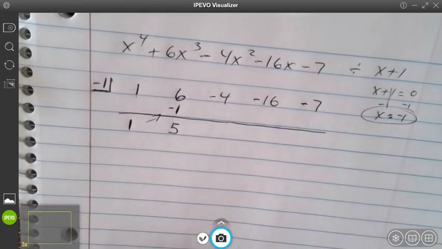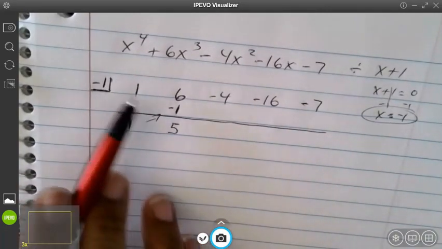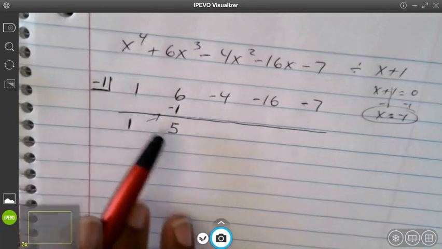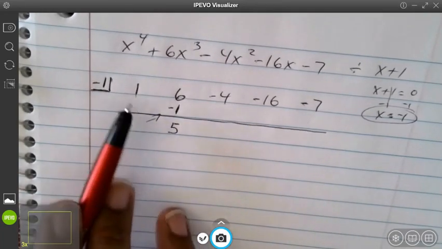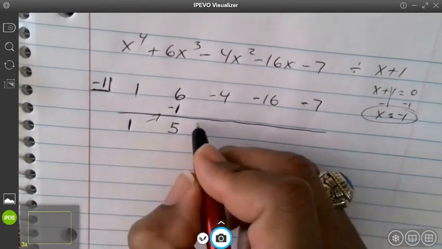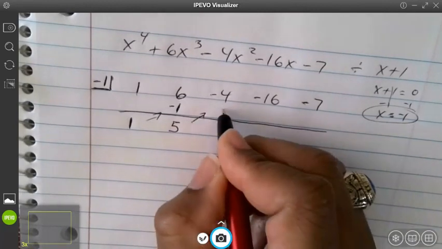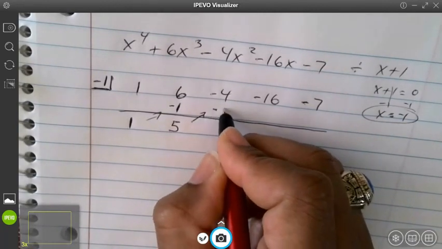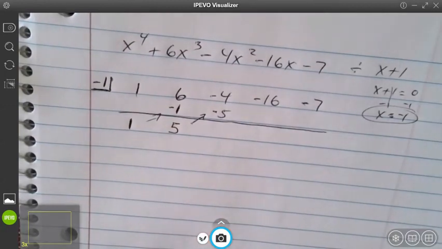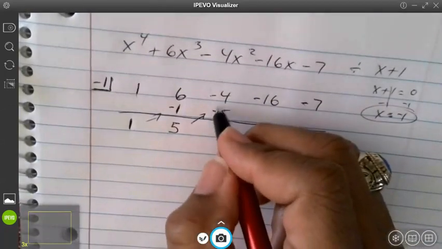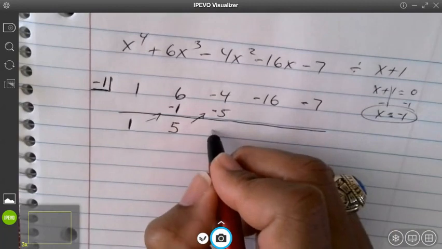Then we take the number in the box and multiply by this bottom number, -1 times 5, and that answer goes here. That gives you -5. Now we combine. -4 and -5 gives you -9.